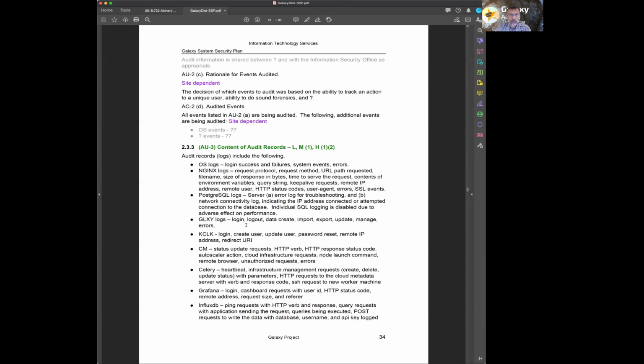For example, the rationale may be that every action on the system must be traceable to a unique user, and exactly what sorts of things must be logged in order for that to happen. In other words, for forensics to be successful. So these are decisions that you must make in order to comply.